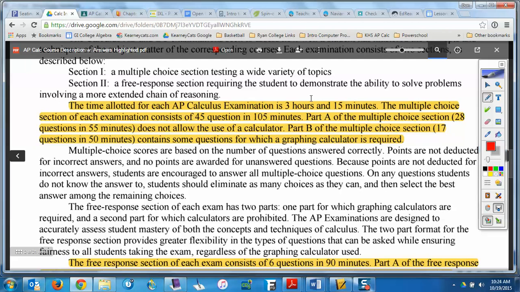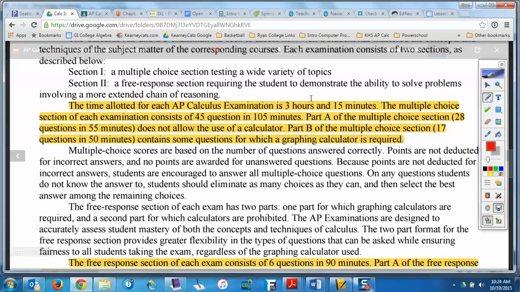Now, Emily asked last time about the AB versus the BC. There were a couple of people who put down that the test was 6.5 hours long. That's if you take both tests, but nobody would take both tests. Okay? You're only going to take one or the other. Now, for you guys, we're all going to take the AB test, the Calc 1 test. Now, I did talk about a few students in the past who had taken the other one, which was Calc 2 stuff, and studied on their own.